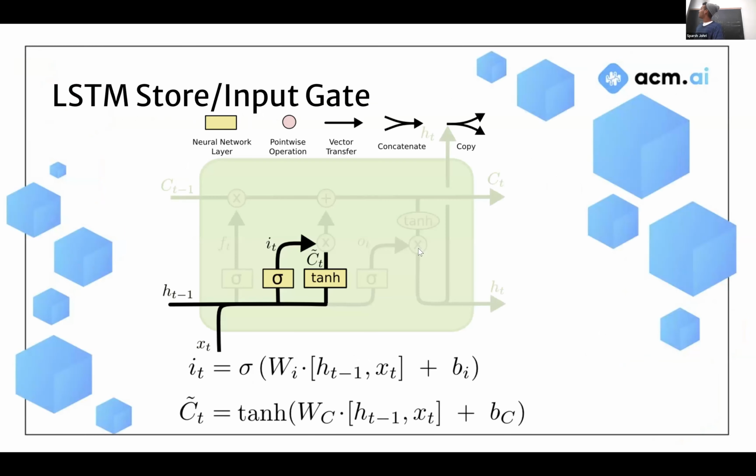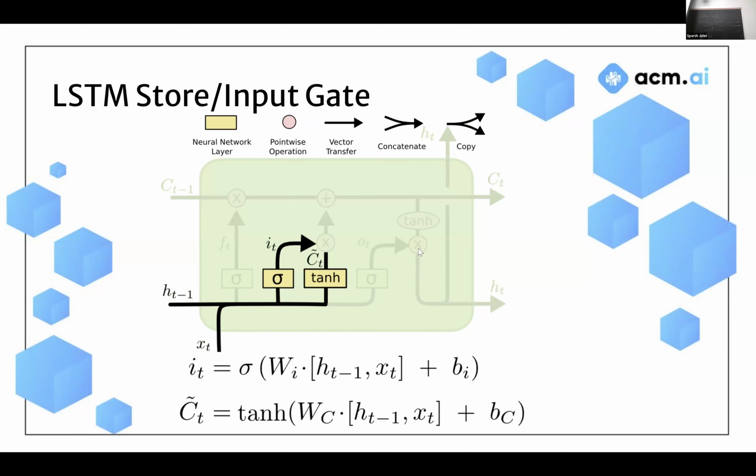Okay. Now, right here, it's the store, or the input gate. What you're doing here is essentially storing all the important information that you want into your cell state. So you take the previous output, the hidden state, and you take the current input, and you put the concatenated version into a sigmoid function.